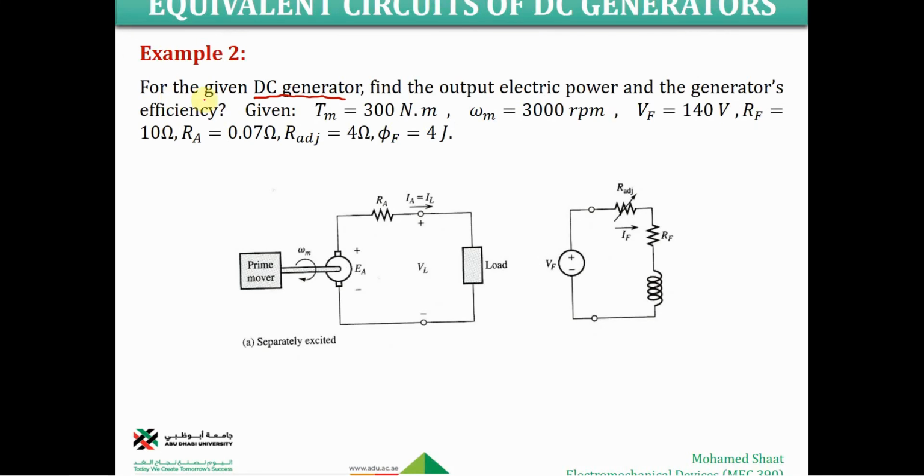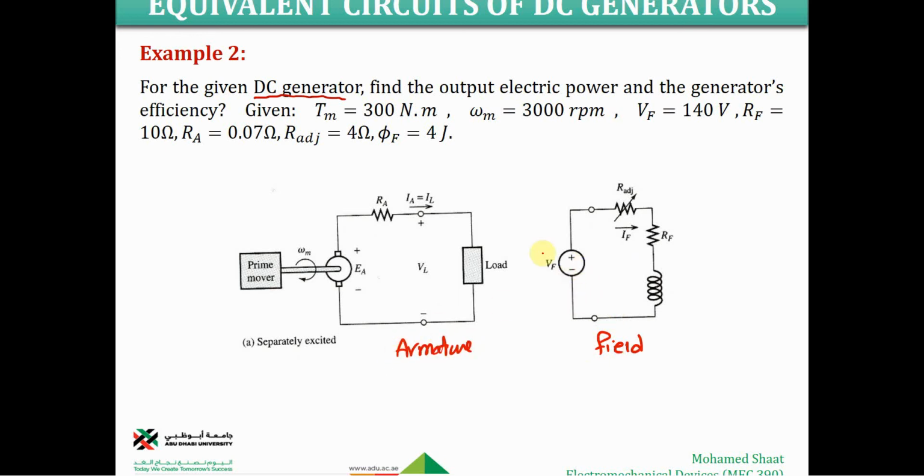For this separately excited DC machine, the field circuit is separate from the armature circuit. Remember that all the time, the rotor part for this configuration is going to be through the armature. This is going to be the armature circuit, and this is going to be the field circuit. Make sense?